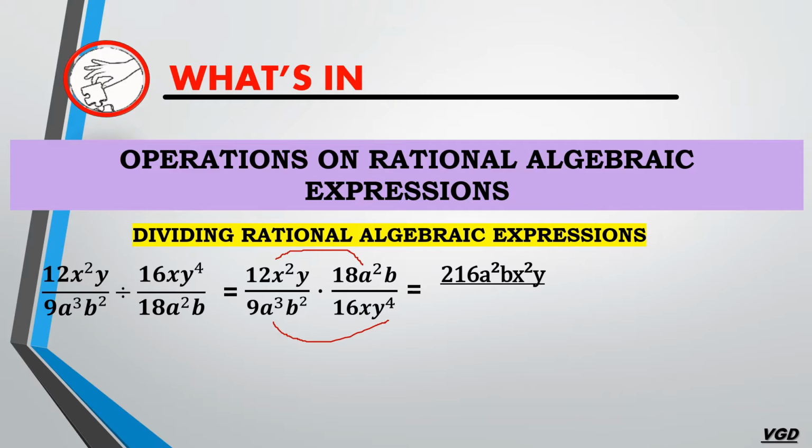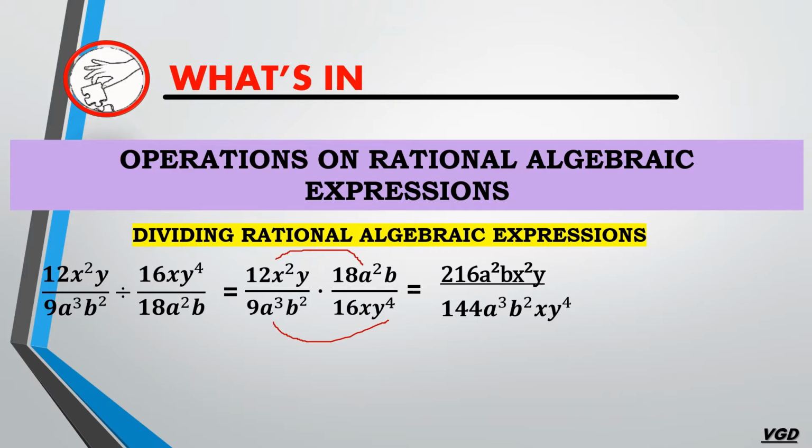Take note of our product rule, it is one of our laws of exponents. Now let's multiply our denominator, 9a cubed b squared times 16xy to the power of 4. We get 144a cubed b squared xy to the power of 4. Once again, recall your knowledge about the product rule.